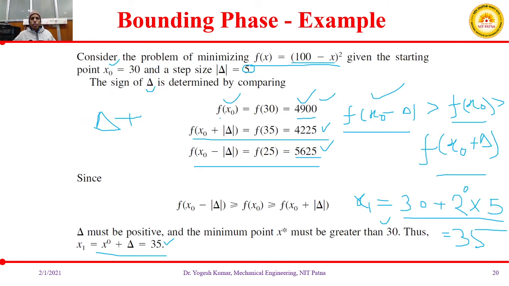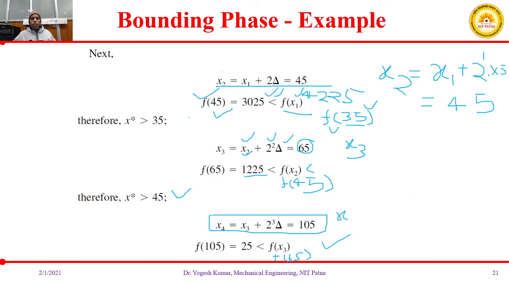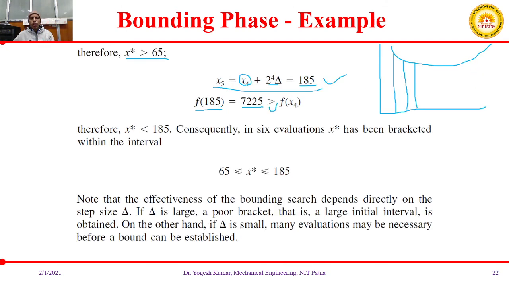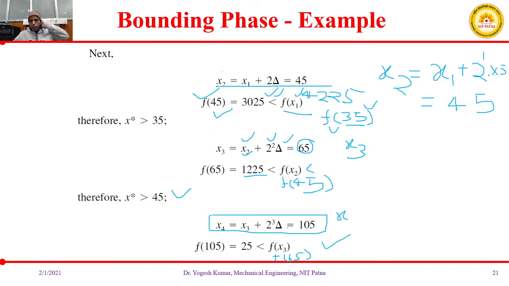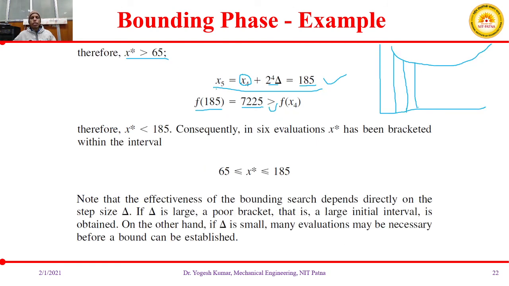We started with x equal to 30, then we took x equal to 35, then x equal to 45, then 65, then 105, and then x equal to 185.